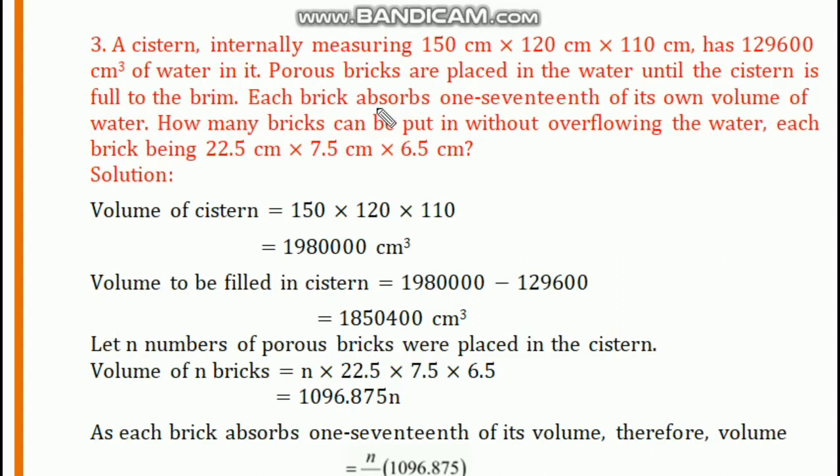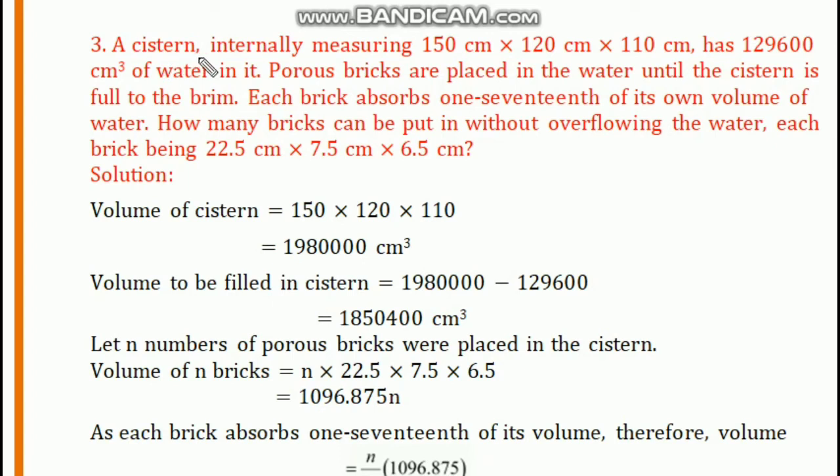Each brick absorbs 1/17th of its own volume of water. How many bricks can be put in without overflowing the water? Each brick being 22.5 centimeter into 7.5 centimeter into 6.5 centimeter.